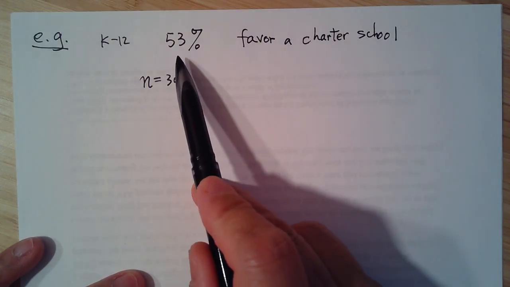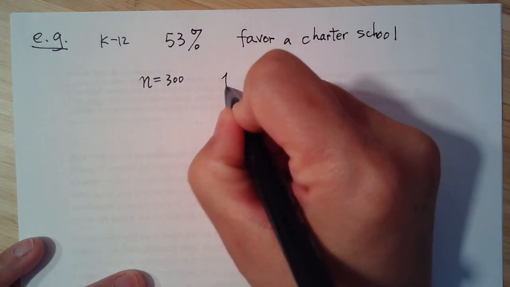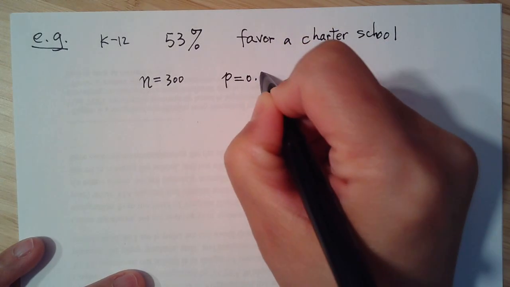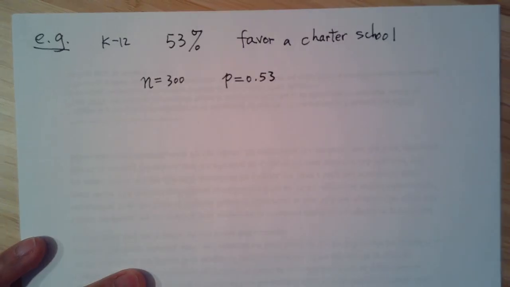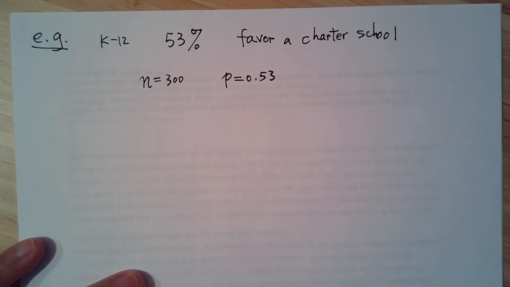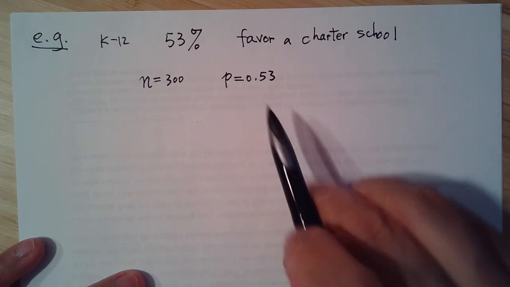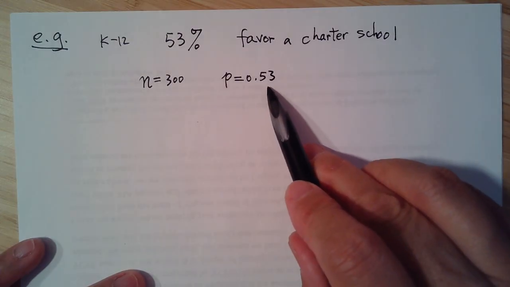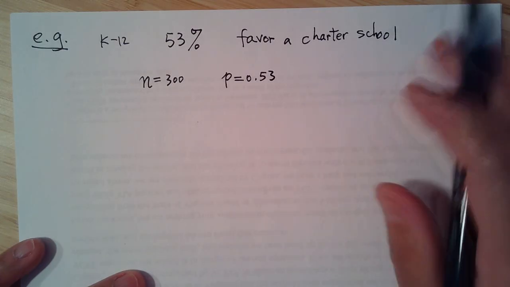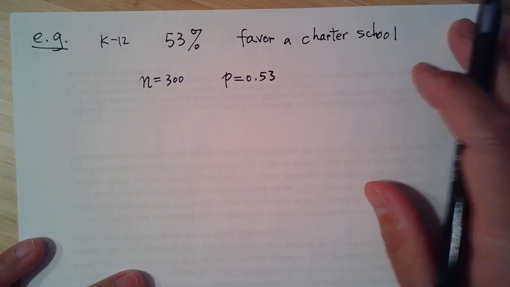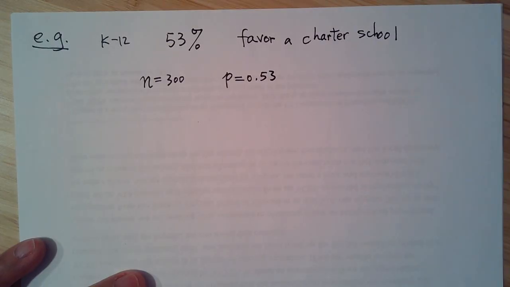And also the probability that they're going to answer yes, that's your P, is 0.53. It stays the same for every single person you asked. So each one has the same probability of being in favor of a charter school. So this is a binomial, right? It looks like it satisfies the 4 requirements.